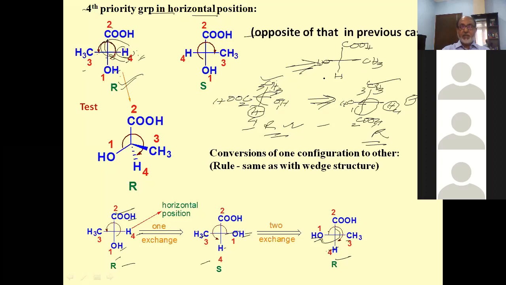Now you see whether it is R or not. 1, 2, 3, 4. 1, 2, 3, what it is? R. It is R. So that means this is R, this is R, this is R. That means all are same.